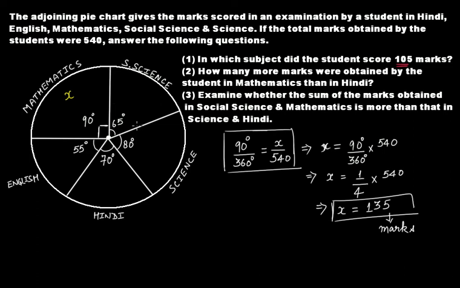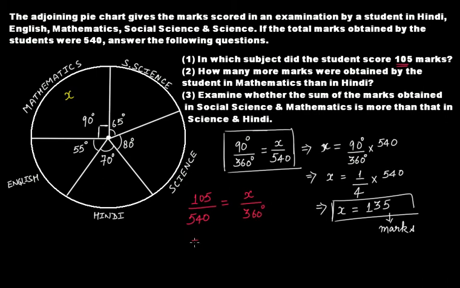So what you can do is, imagine that this is 105 out of 540, and let's say the central angle we don't know is X, out of 360 degrees.